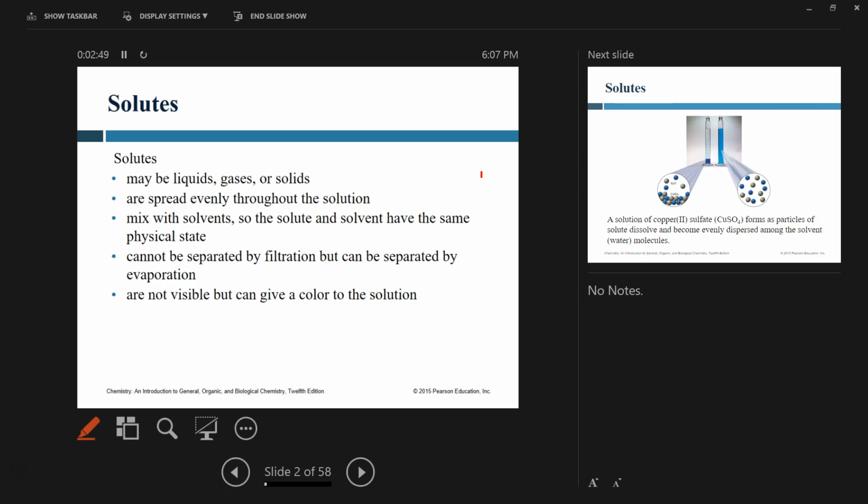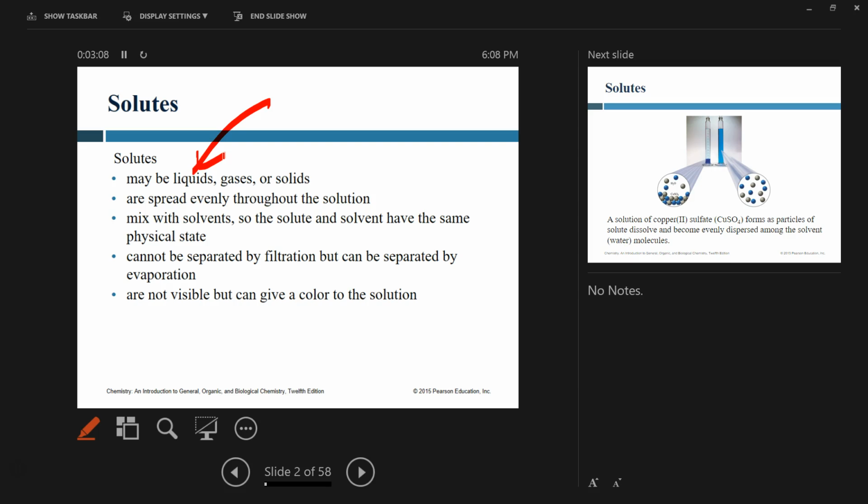Now, we used to think about solutions as something liquid, like the solution of salt. It doesn't necessarily have to be this way. Turns out, solutes by themselves may be liquids.